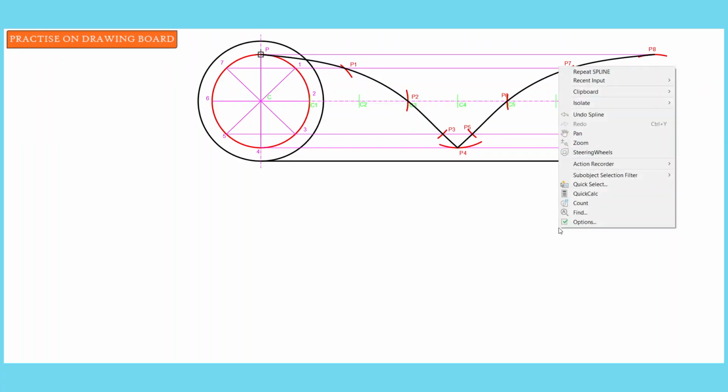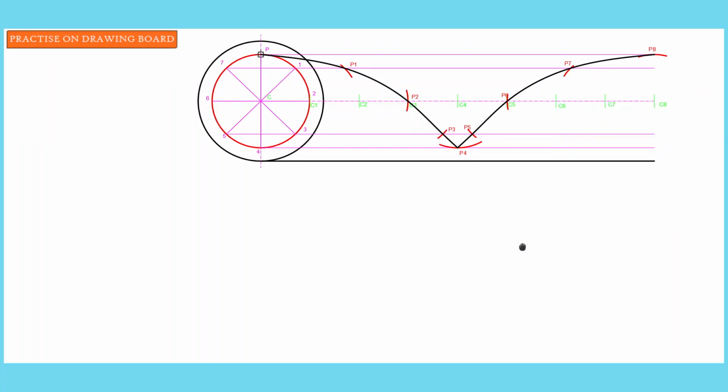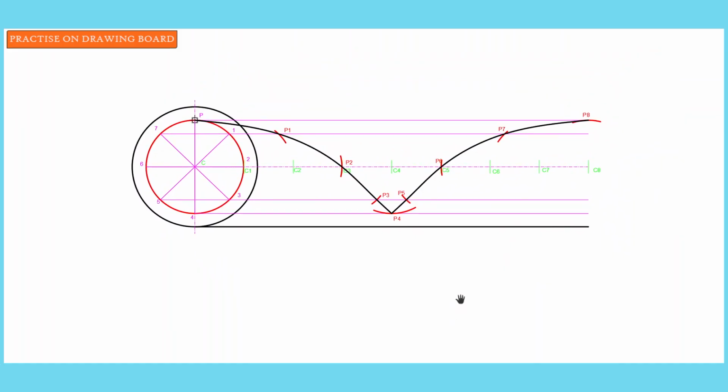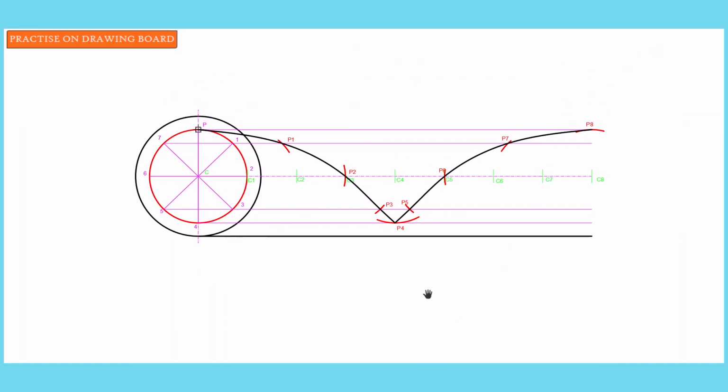And that basically is our solution. So you name the curve as an inferior trochoid as you were asked to do, and that is about the end of the exercise.